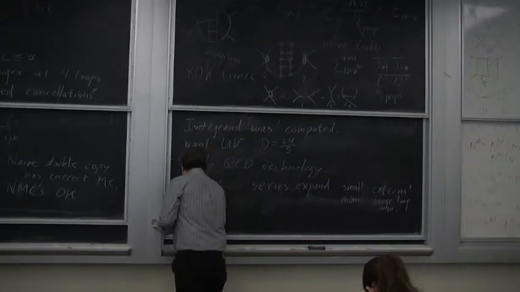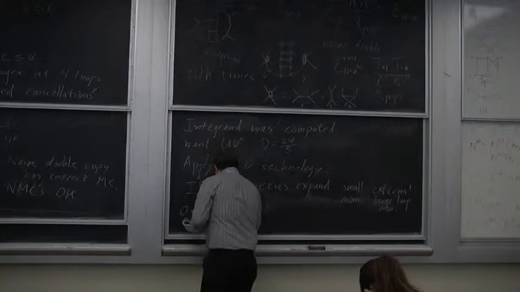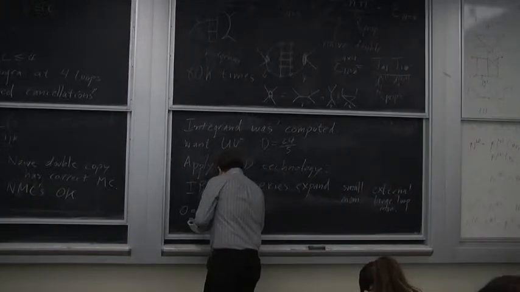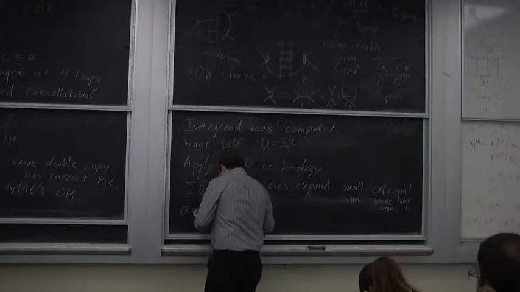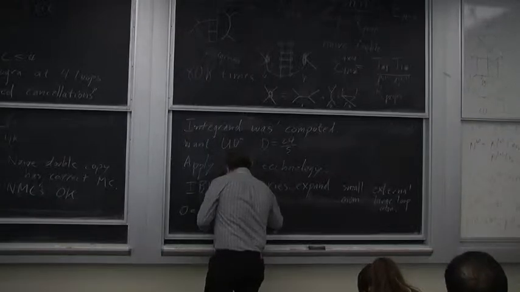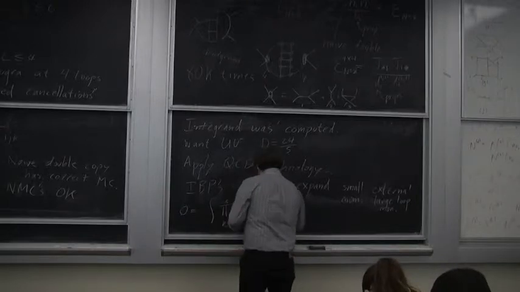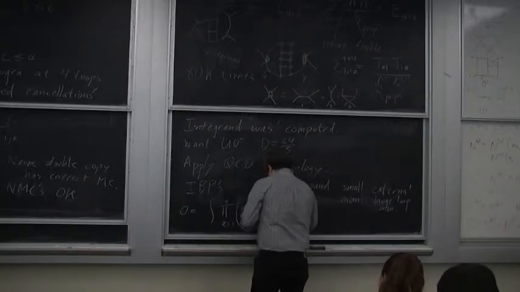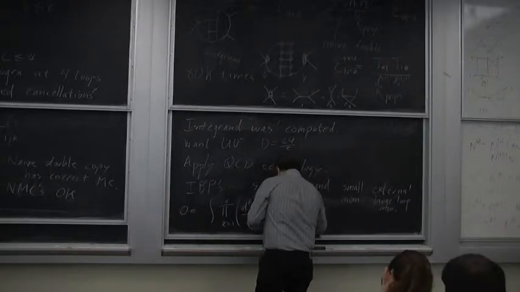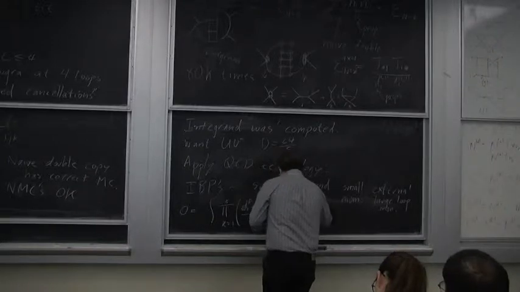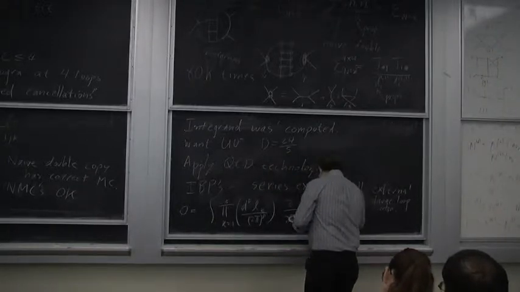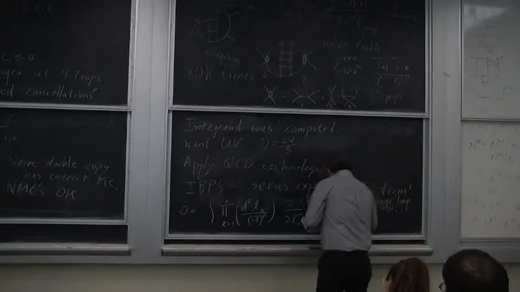So the idea is you write down an identity in dimensional regularization, which looks like this.